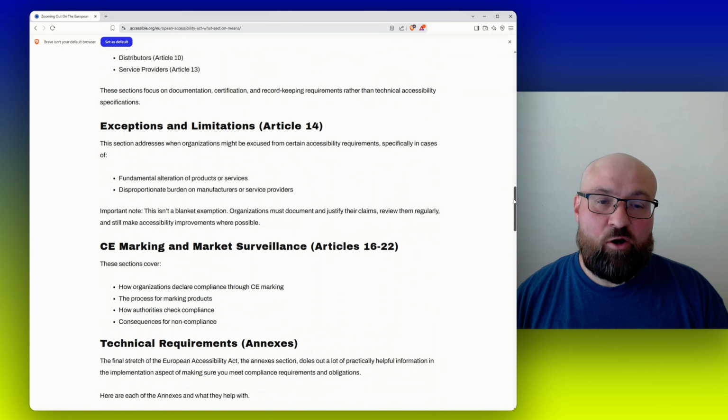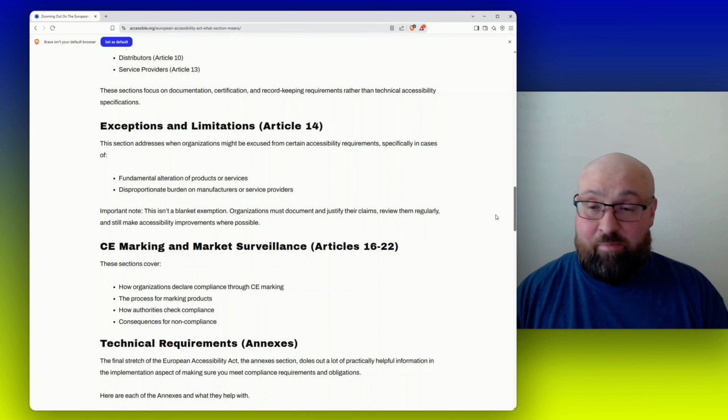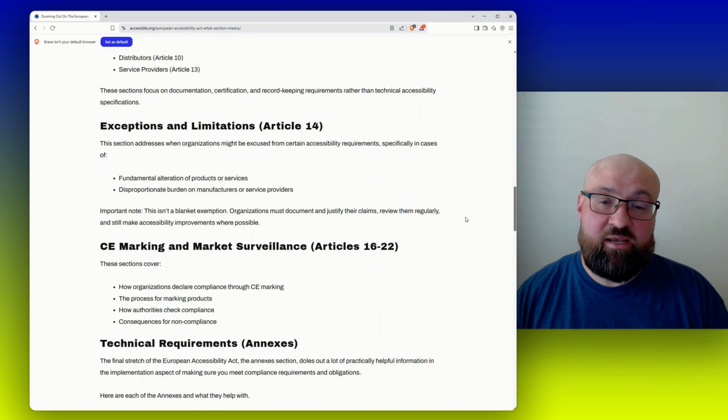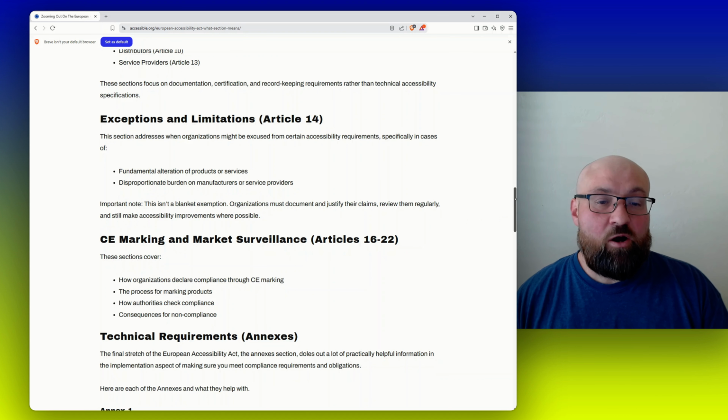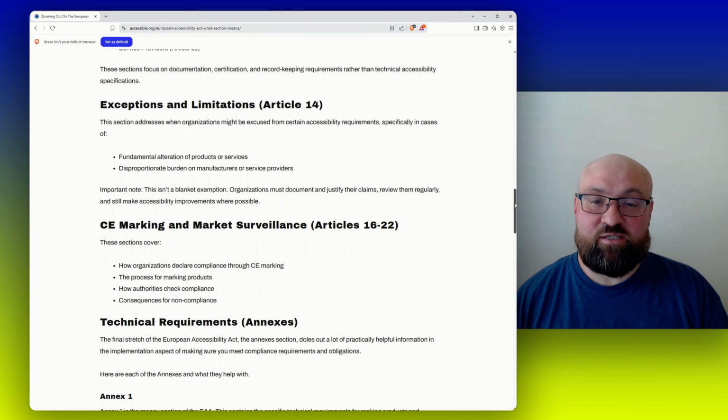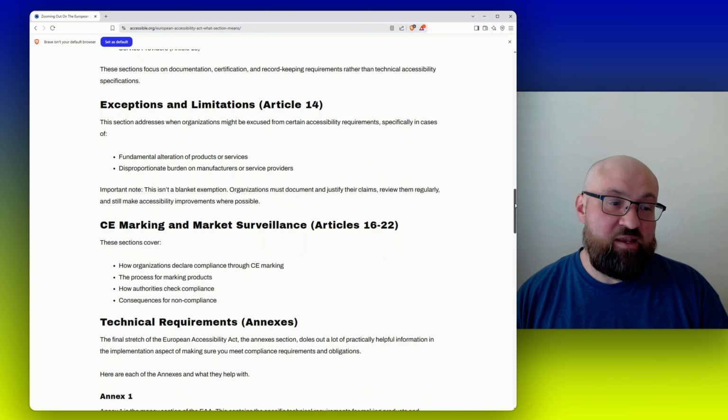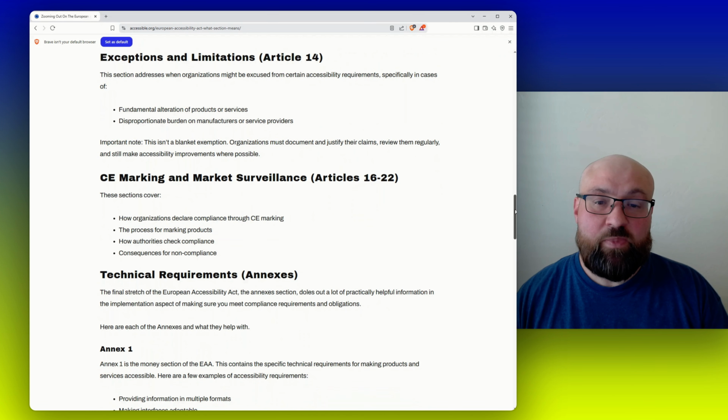Skipping down, we have Article 14. This gets into the exceptions and limitations that may be present for you as an economic operator. So here I have 2 bullet points. The fundamental alteration of products or services, or the disproportionate burden on manufacturers or service providers. Here you'll just want to look at this section and see if any of these exceptions apply to you.